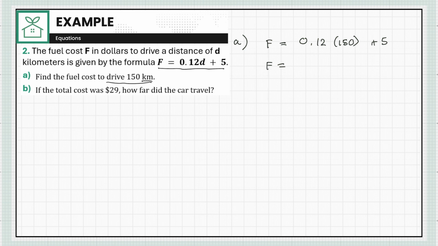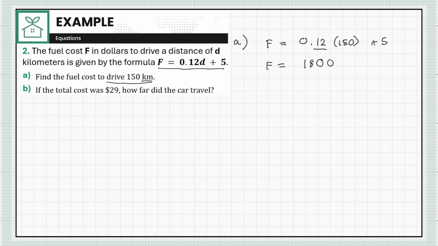Alright. So when we're doing 0.12 times 150, we can change it to be 12 times 150, and just remember to put these two decimal places back in at the end. Right? So it's 12 times 150, well 10 times 150 is going to be 1500, and then 2 times 150 is going to be 300, so we end up with 1800.